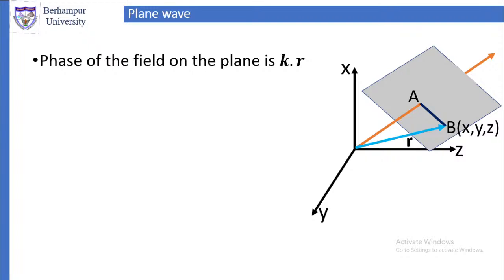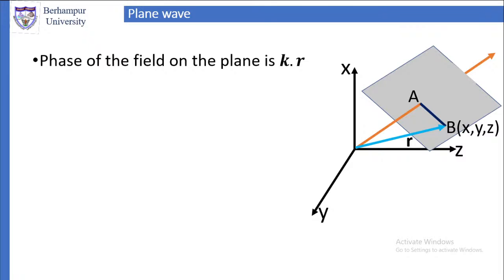If it is a time harmonic wave, its time variation is of the form exponential plus or minus j omega t. So usually we give the field E as some constant into exponential of j times (k dot r minus omega t). Now exponential minus j omega t is the temporal part. If we take that out, then the rest of the part we call E tilde.